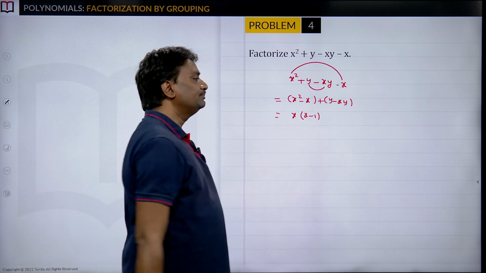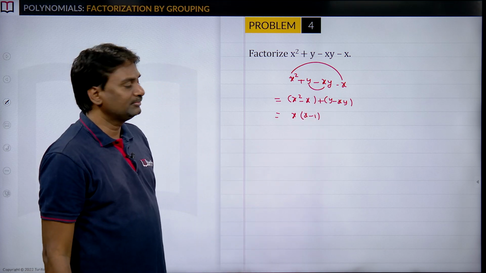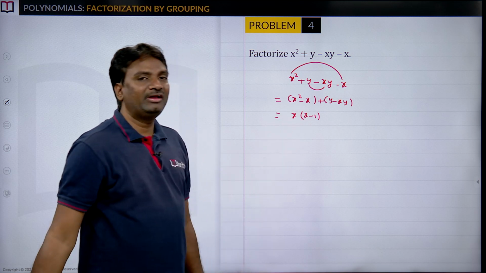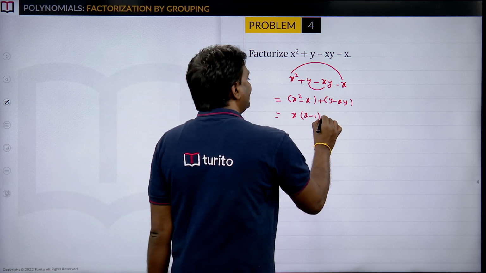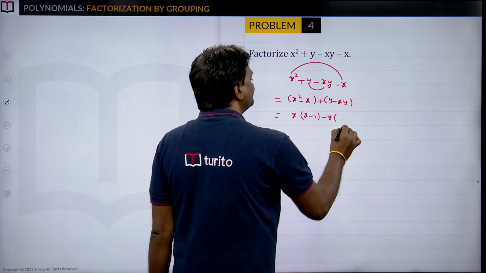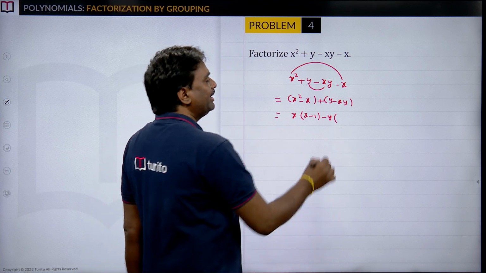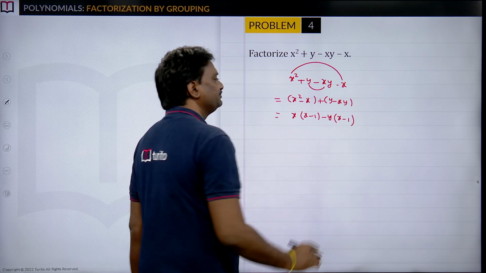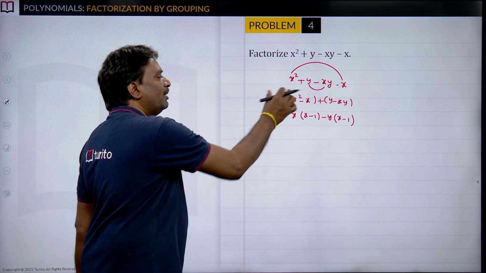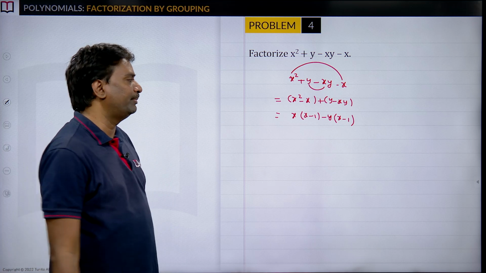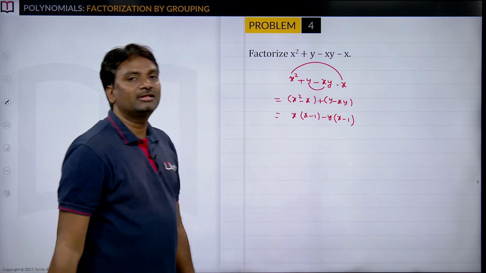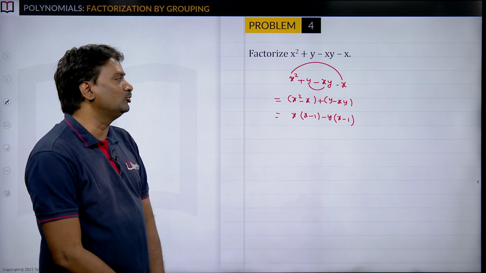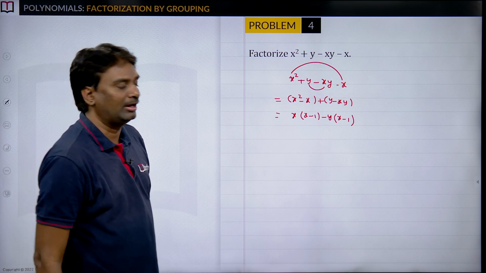Here if we take y as common, but here we have x minus 1, that is why let us take minus y as common. By taking minus y as common, here we have x, here we have 1. So, x minus 1. So, by taking x as common from the first two terms, x of x minus 1, by taking minus y as common from the next two terms, minus y of x minus 1.